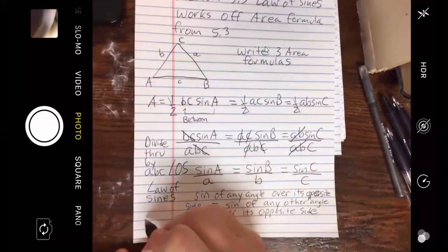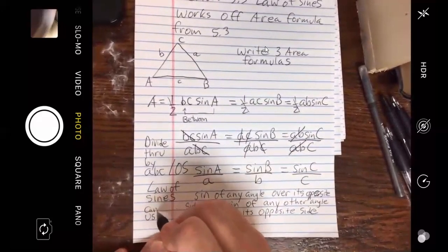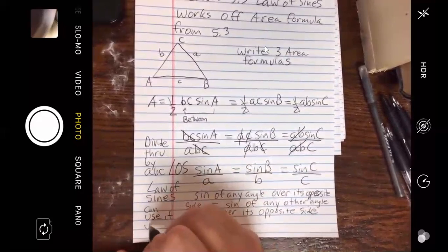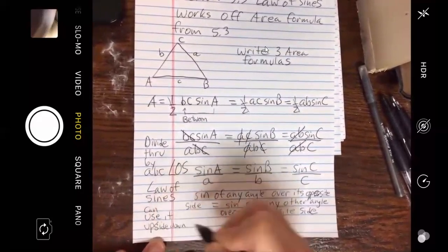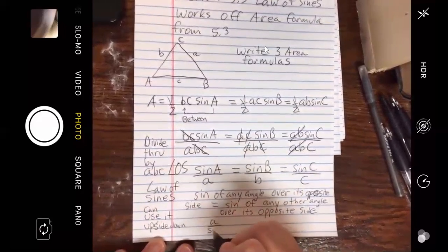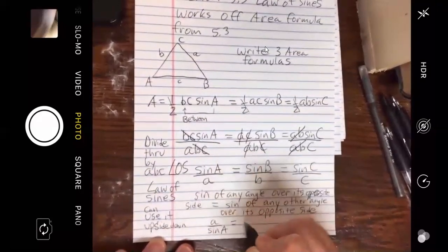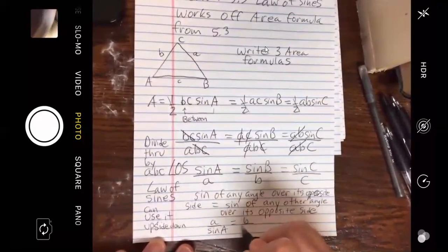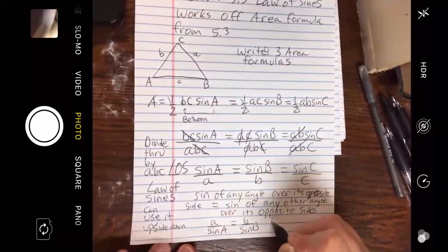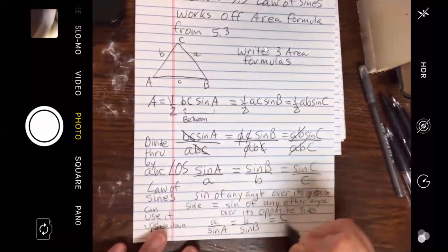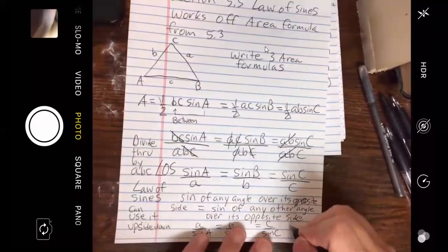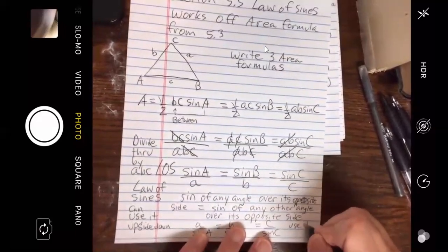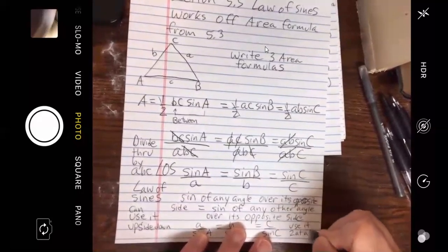I also use it upside down. You can use it upside down. So a over sine big A is then equal to b over sine big B equals c over sine big C. You use it two at a time.